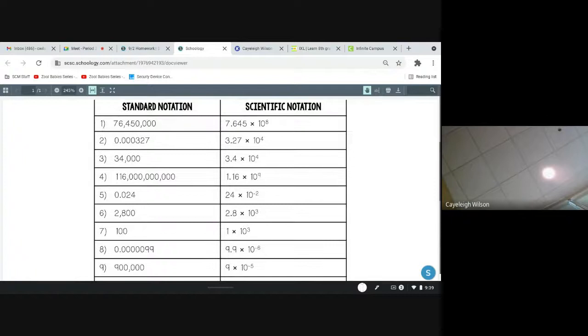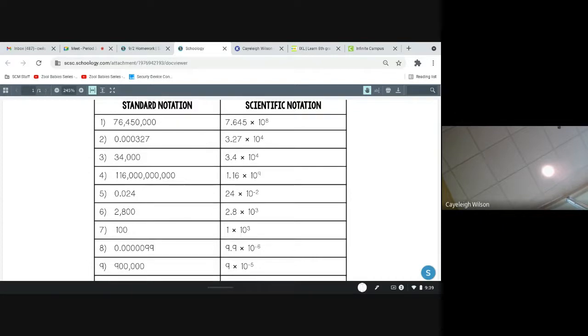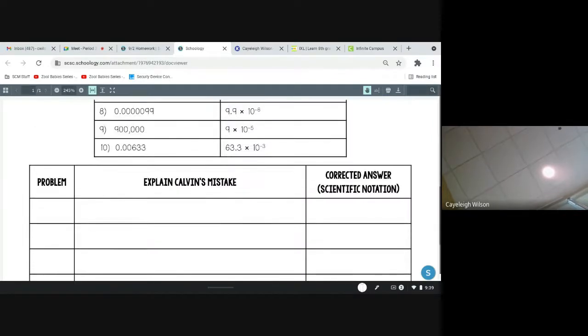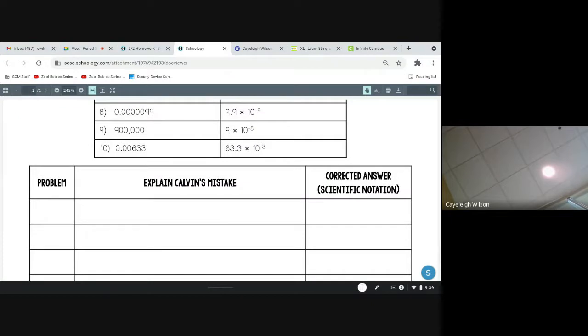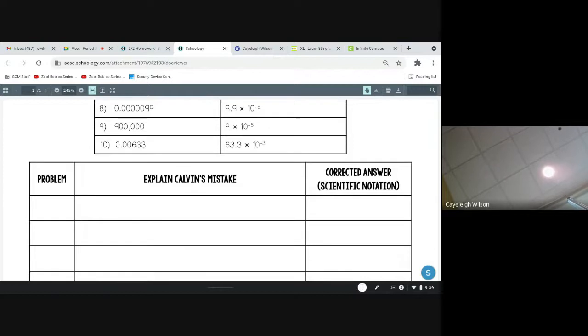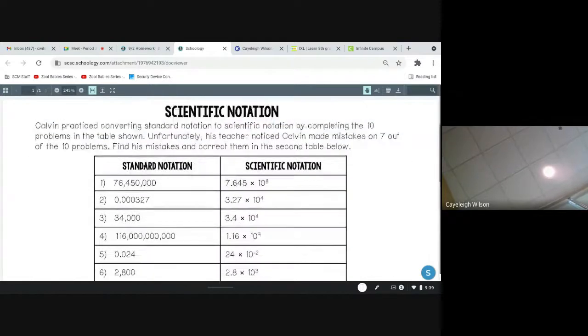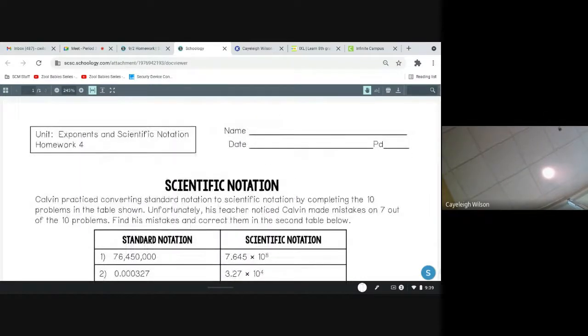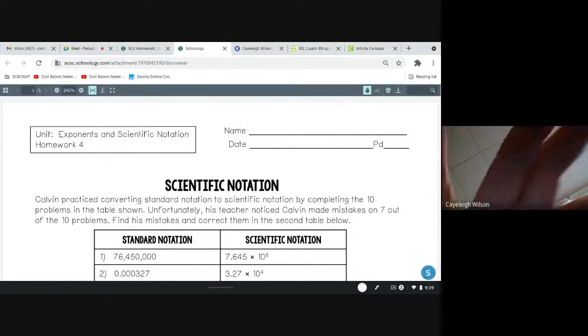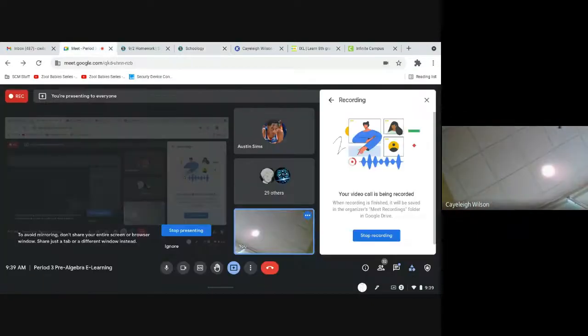So you're going to have to go through the table and check to make sure that number 1 matches with what it says under scientific notation, and that number 2 matches as well. If they don't match, then you have to write the problem down, like what number it was, what mistake he made, and then what the right answer is. Okay. Are there any questions about the homework?